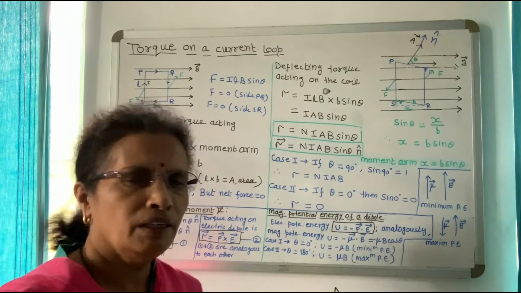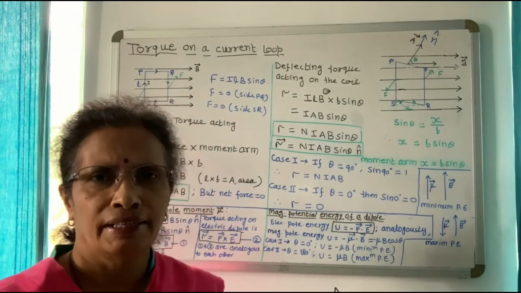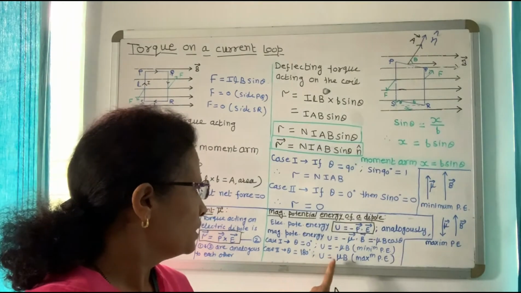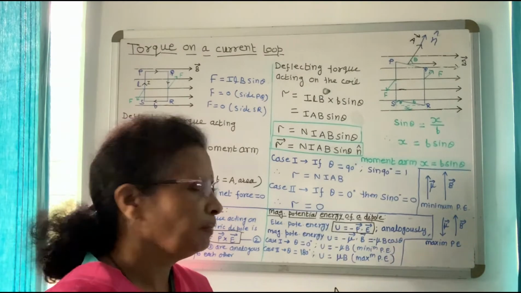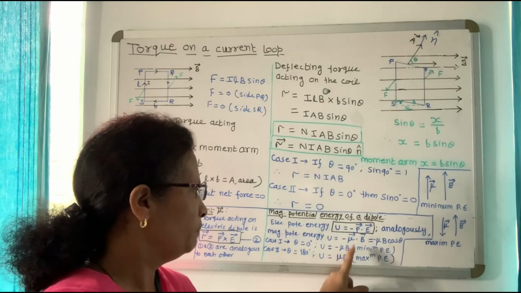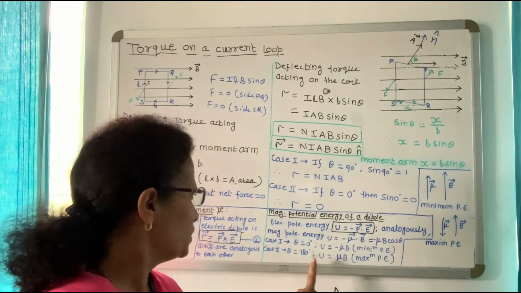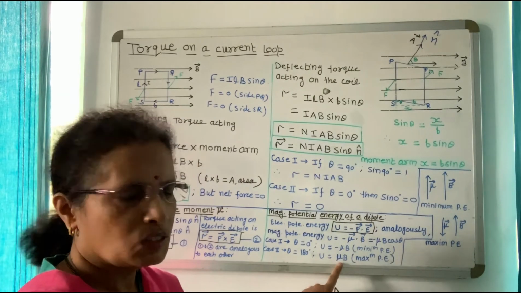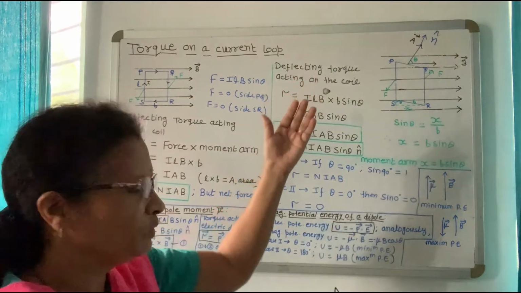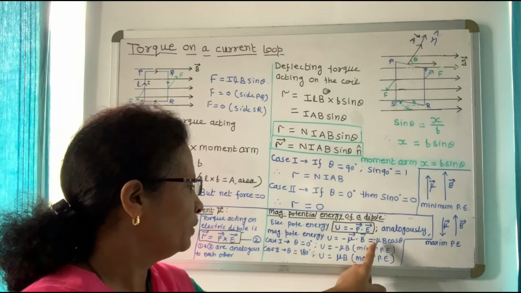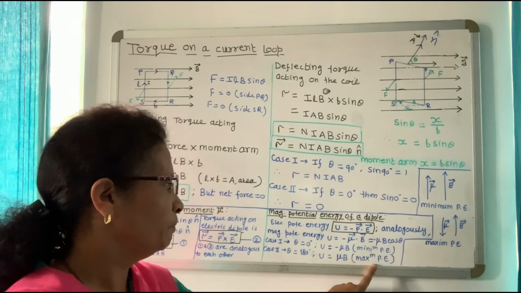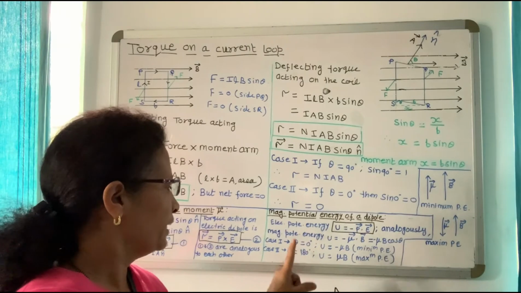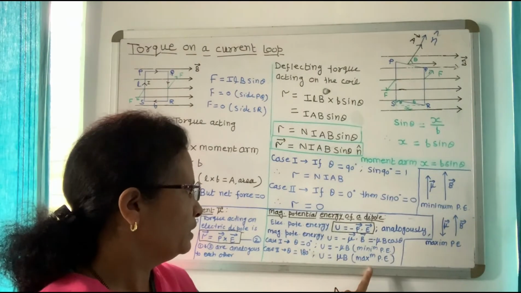When theta is 180 degrees, cos 180 is minus 1, so the minus becomes plus and the potential energy equals plus mu B. So potential energy ranges from minus mu B to plus mu B. When the angle is 0 degrees, it is minimum potential energy, and when the angle is 180 degrees, it is maximum potential energy.